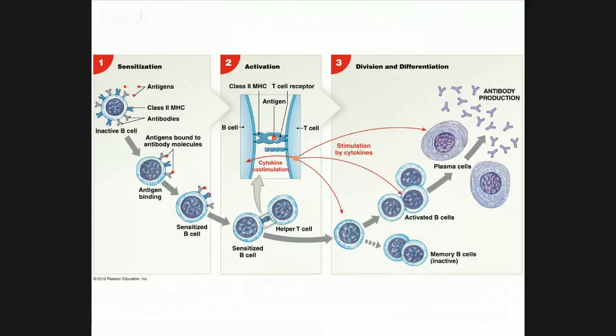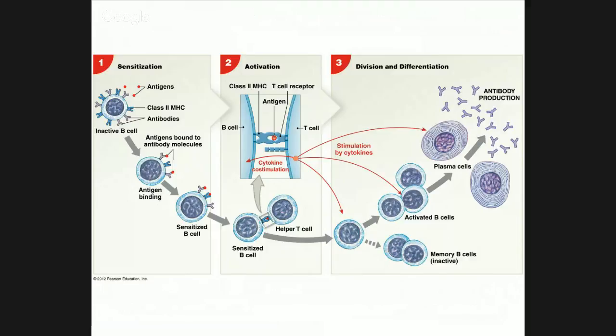Interleukin is abbreviated IL, and there's a whole bunch of interleukin molecules. The one that's specifically used for helper T cells to activate B cells is interleukin 2, or IL-2, you'll see sometimes. When they're exposed to IL-2, the sensitized B cells will then become activated, proliferate, and make a bunch of copies of themselves that all make the exact same antibody against the exact same antigen.